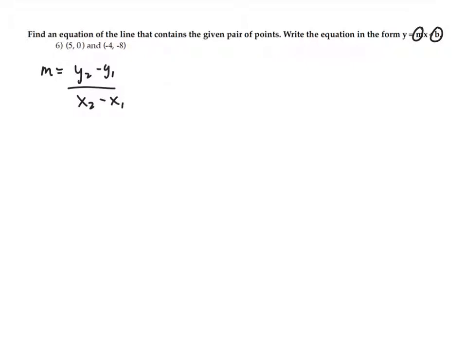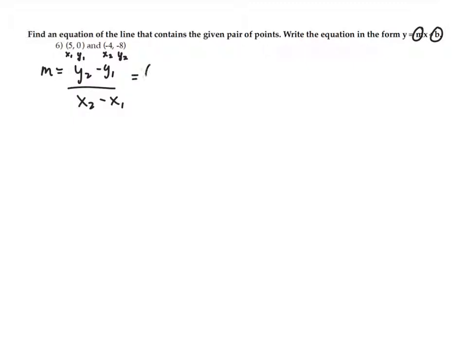When you use this formula, it's a good idea to mark what the points are above. So the 5, I'm calling x1. The 0 is y1, and the negative 4 is x2, and the negative 8 is y2. Now I just plug things in.